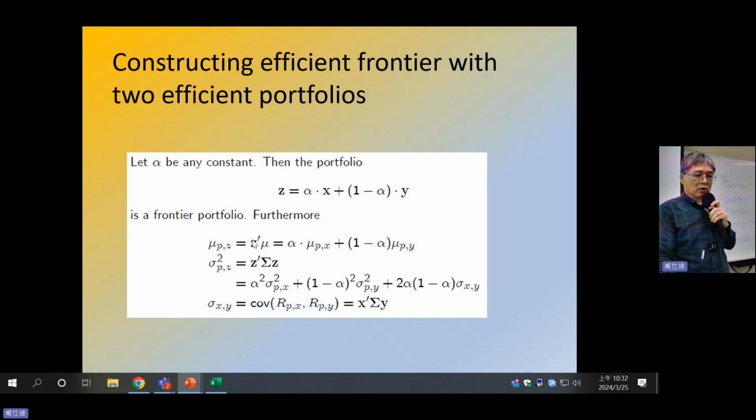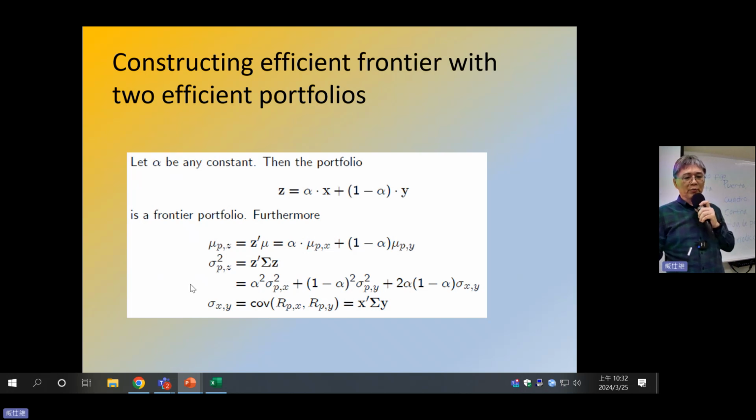This is the covariance. Besides that, we can also calculate the covariance between X and Y, and also the portfolio variance of Z. You can see this is a very similar equation to what we learned before.